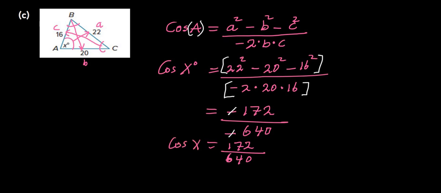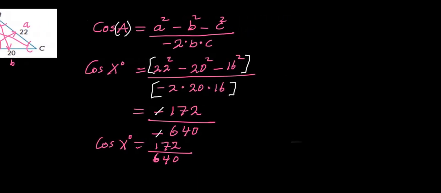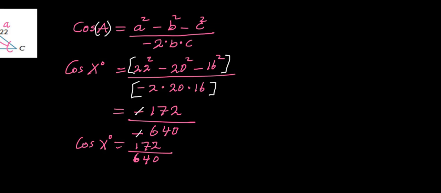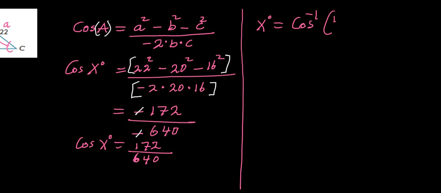So cos x degrees is this. Now to find the value of x, we have to take the reciprocal of cos. So x degrees is equal to the reciprocal of cos, then put in this value in parentheses, 172 over 640.